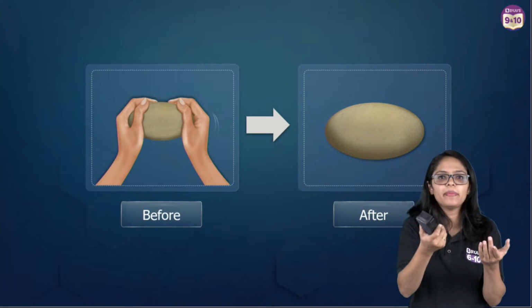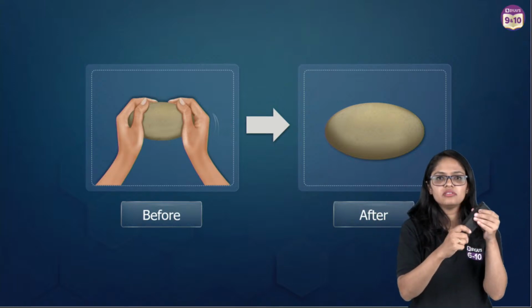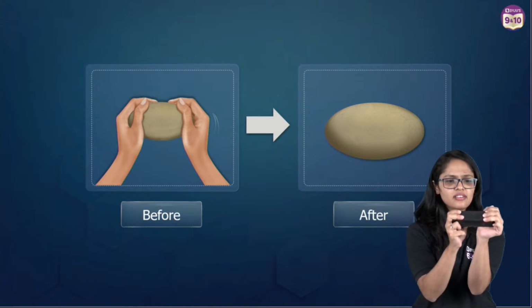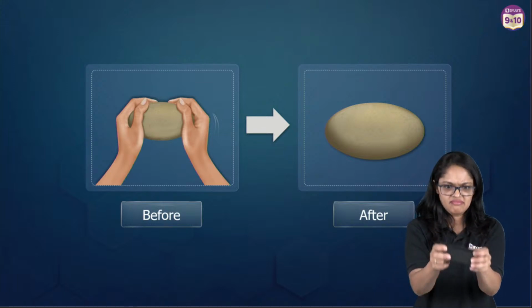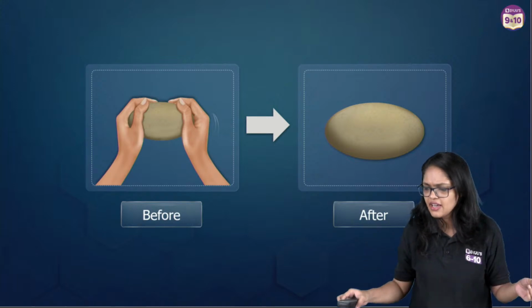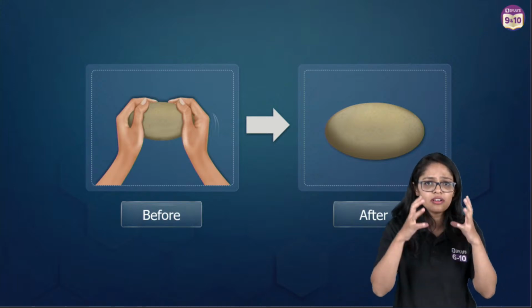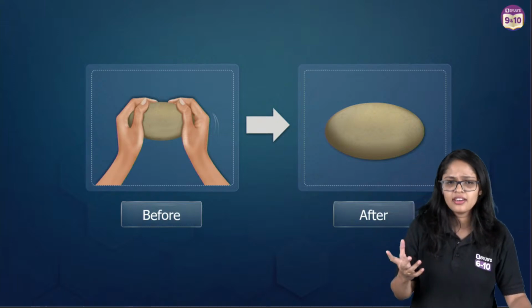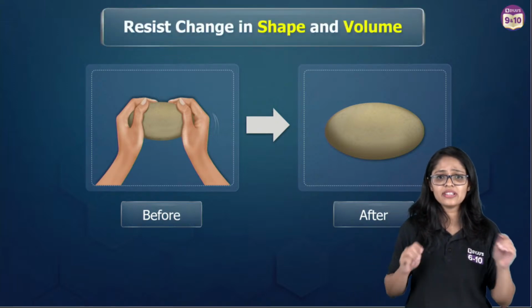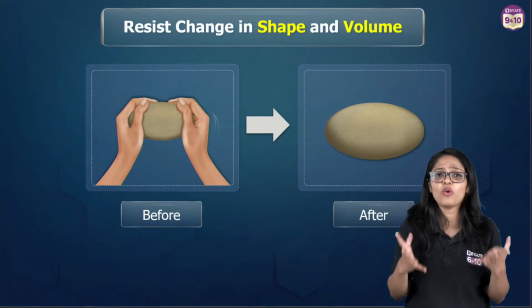It is not happening. See? I can't. It is resisting the force with which I'm trying to change the shape. This particular characteristic is what you call rigidity. So it resists changes in shape and volume.